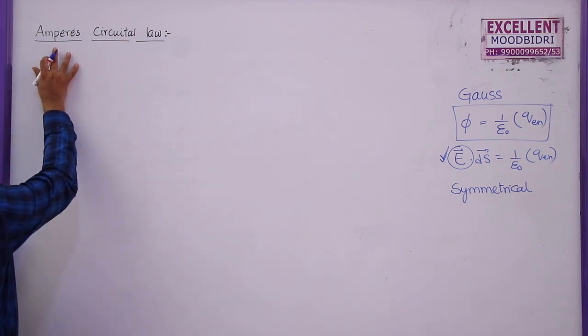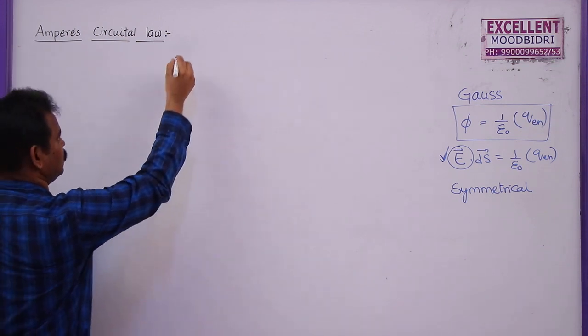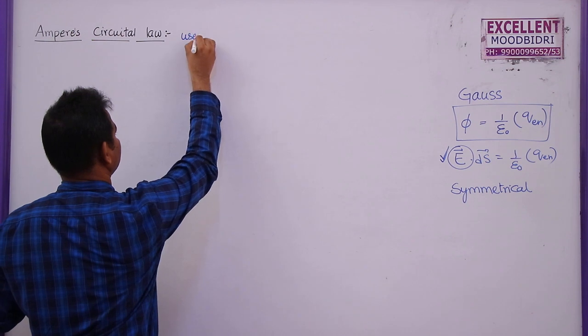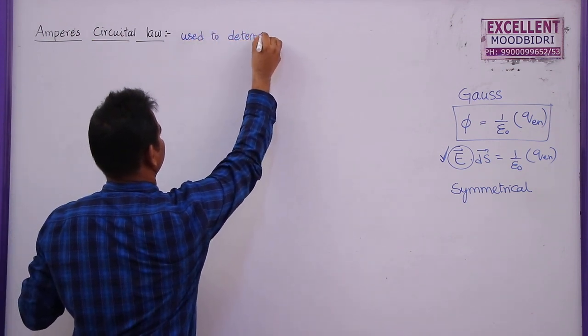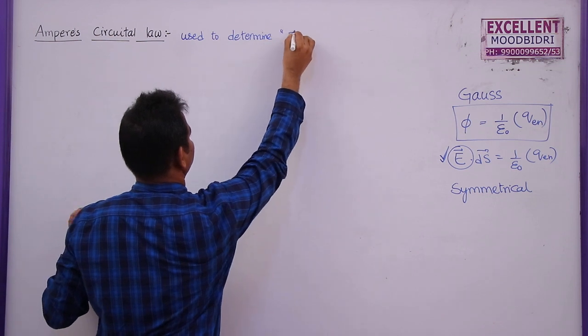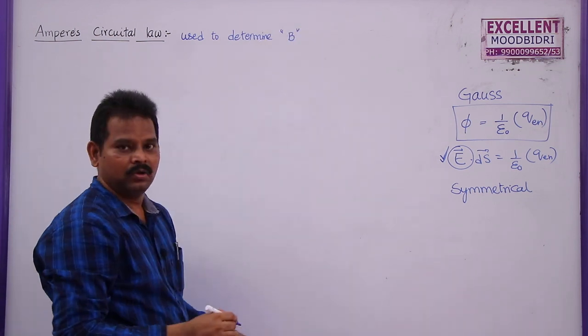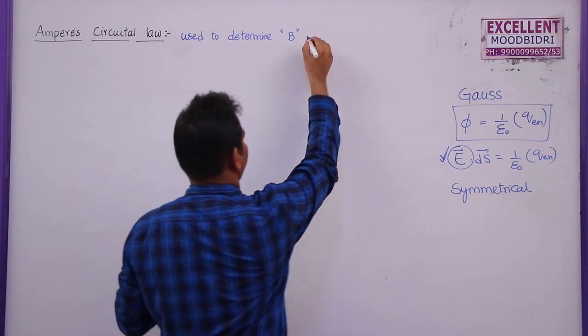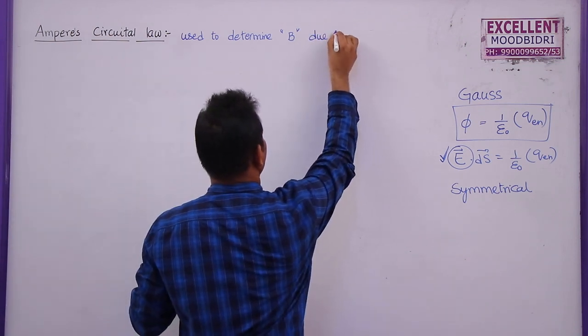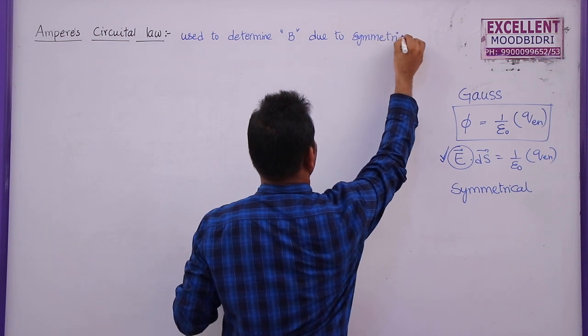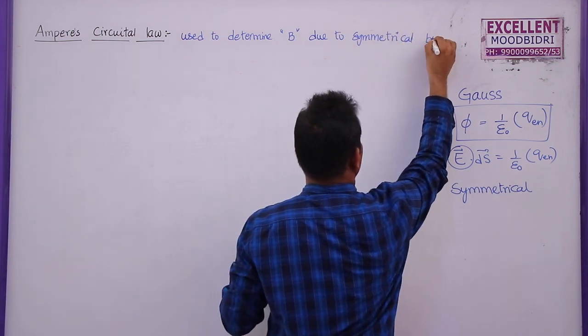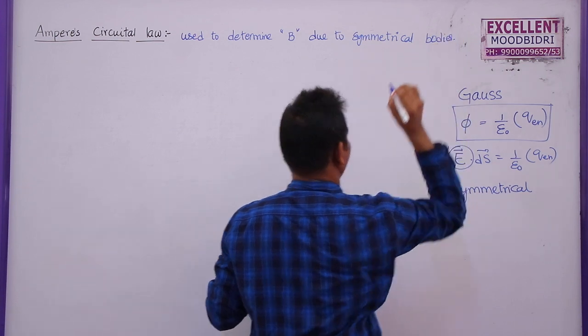Similarly, the Ampere Circuital Law is also used to determine the magnetic field due to symmetrical bodies.